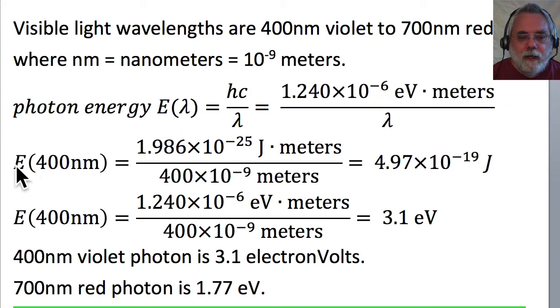If we calculate the energy for 400 nanometers, with the denominator here being 400 times 10 to the minus 9th meters, we would get 5 by 10 to the minus 19th joules, or 3.1 electron volts.